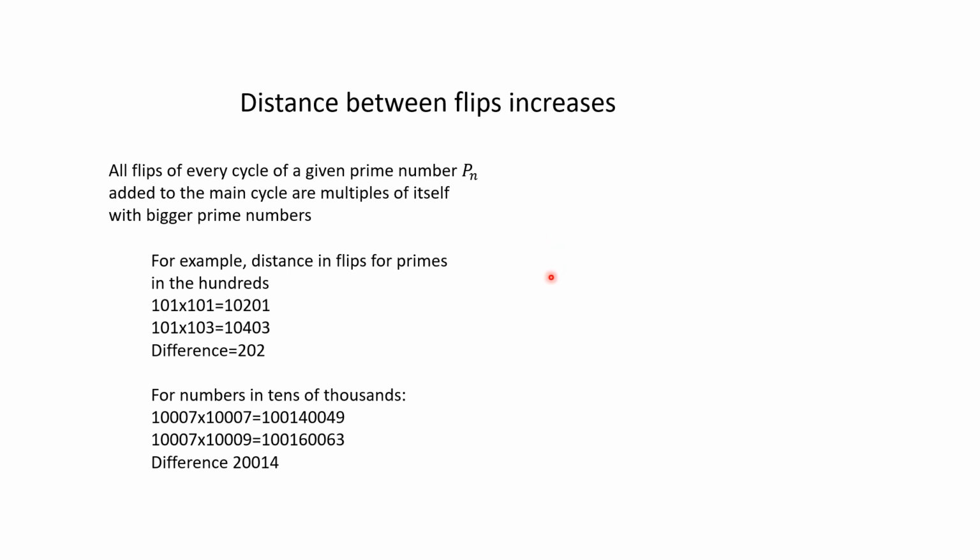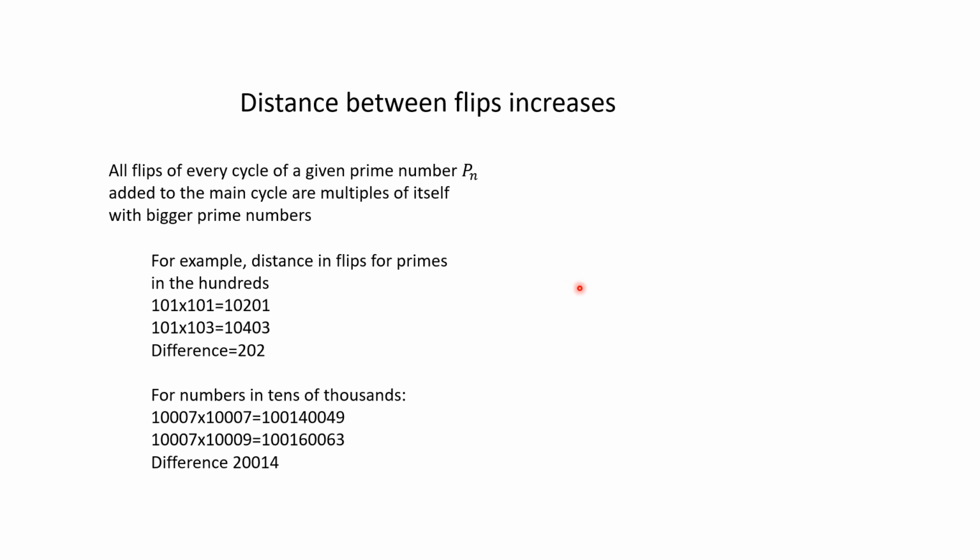It's very important to remember that the flips are always multiples of the new coming prime number multiplied by itself or by other prime numbers bigger than itself.